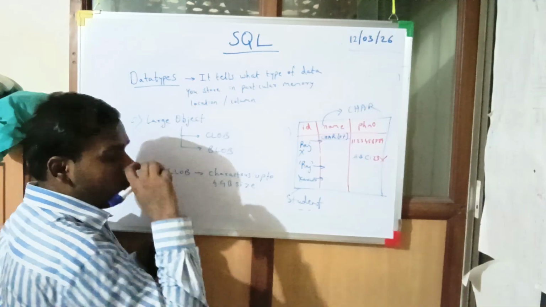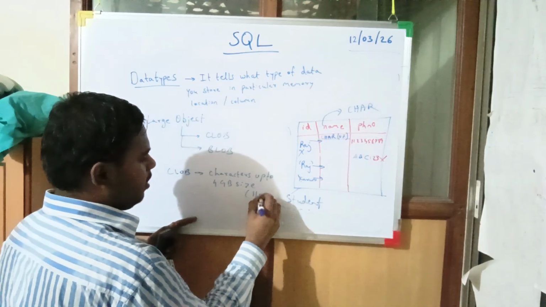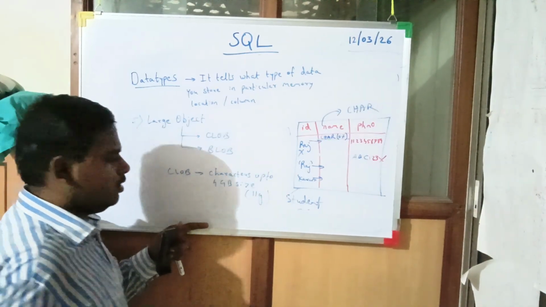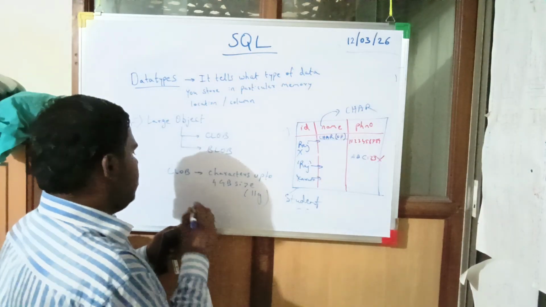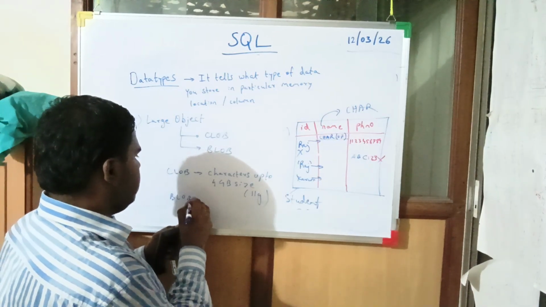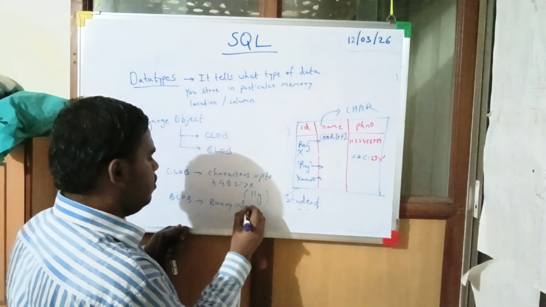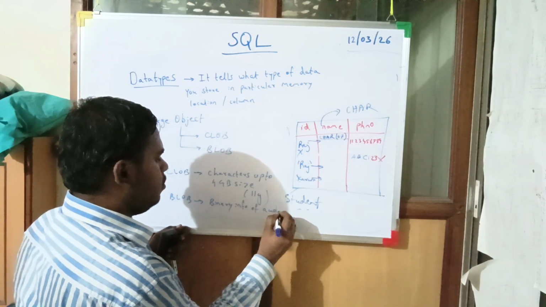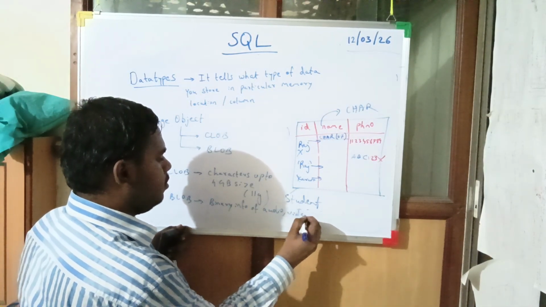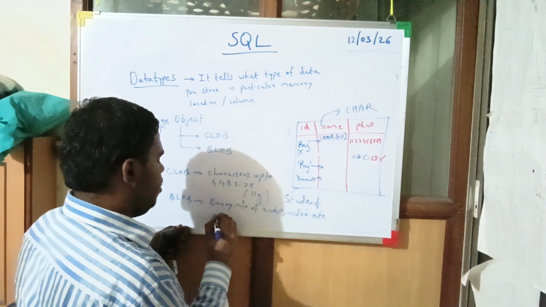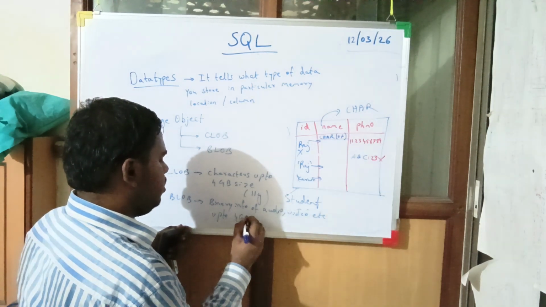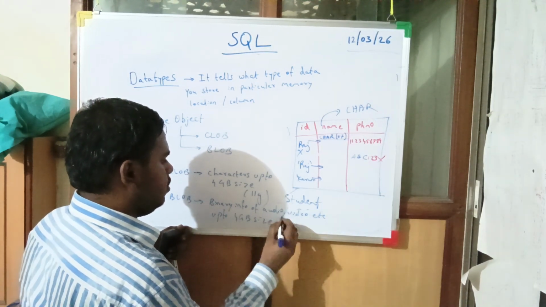See, it's for older versions, Oracle 11g, 10g, I am saying. And BLOB stores binary information of audio, video, etc. up to 4 GB size.